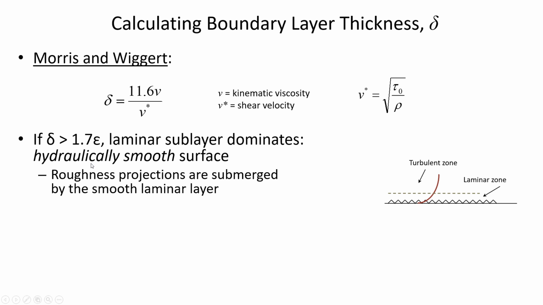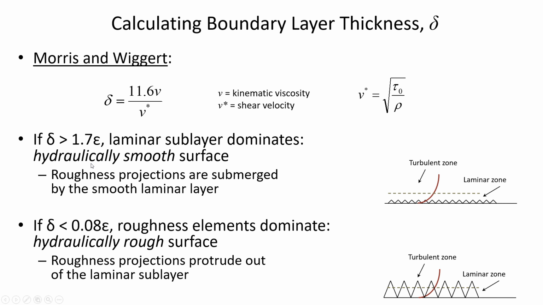So if that's hydraulically smooth, you probably would guess that there's a hydraulically rough. Hydraulically rough is when these roughness elements extend into the bulk flow beyond the laminar zone by quite a lot. It's saying if the thickness of the boundary layer is less than 8% of the equivalent sand roughness, then that's hydraulically rough.